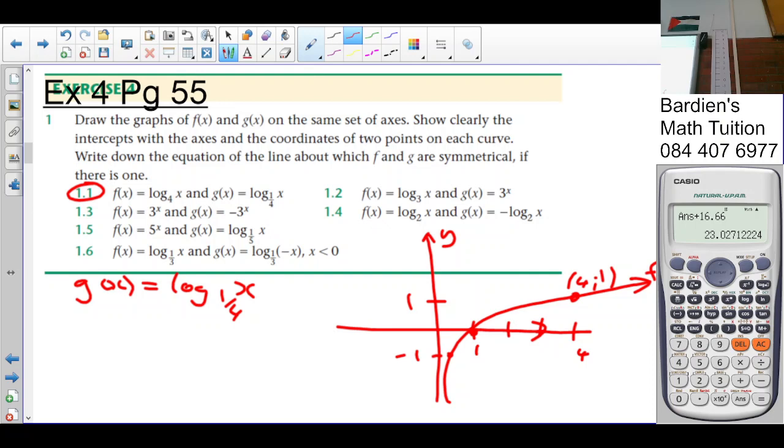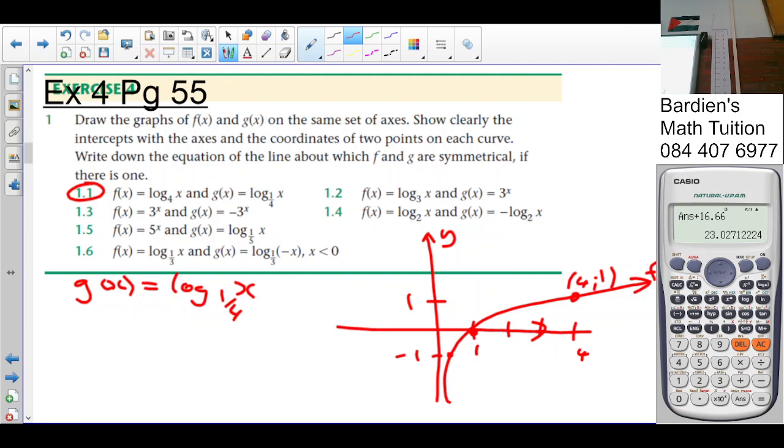Because then it will give you 1, 4 will be minus 1, and log of 1 is 0, so you choose 1 for x as well. But we don't always know the parameters and how log works, because we don't work so with log extensively. That is why we take it from a known source, which is our exponential graph, and then just reflect it. It's so much easier than remembering all the rules that go into logs.